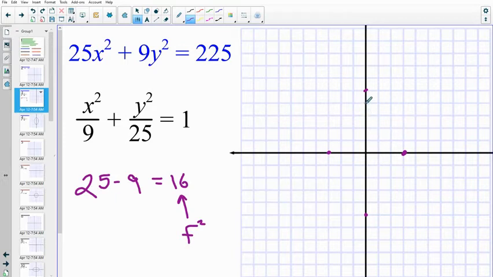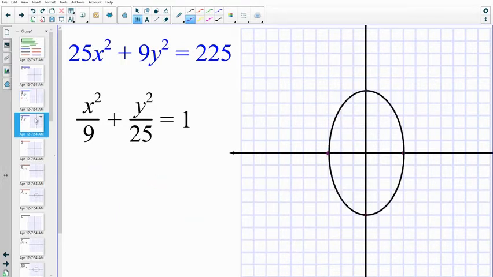So up 4, oops, a little ambitious with my focus there, and down. So these are the points. If I had a string, I would hold that string at those endpoints, and then if I draw and trace around, I would make the form of the ellipse that's going to end up looking like that. So there we go. I think I've identified everything that I want to identify with this one.